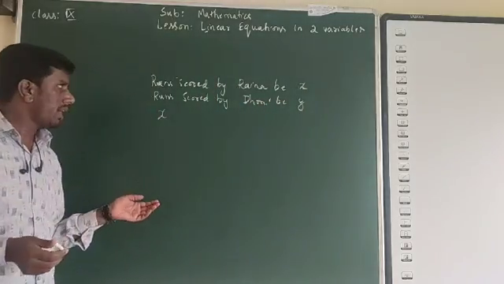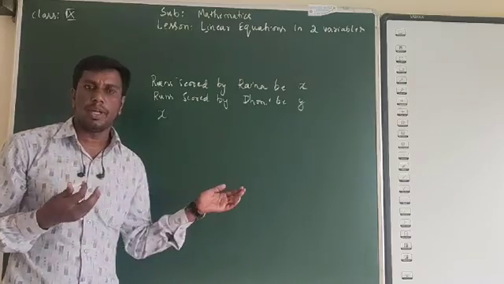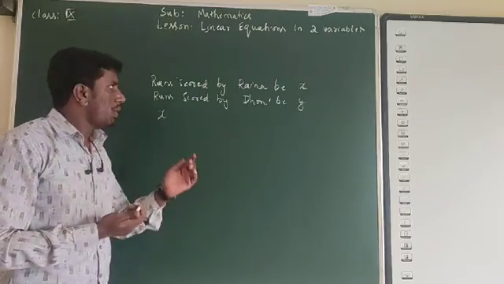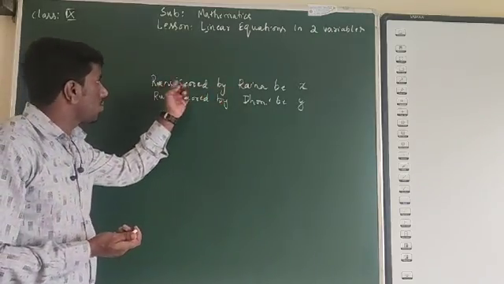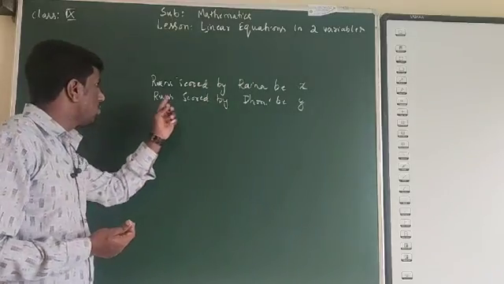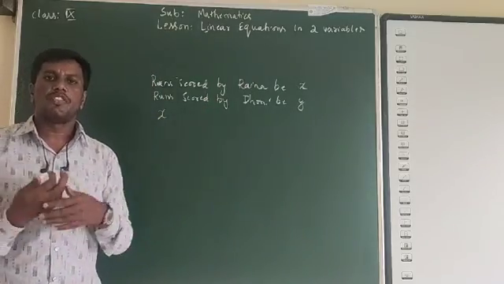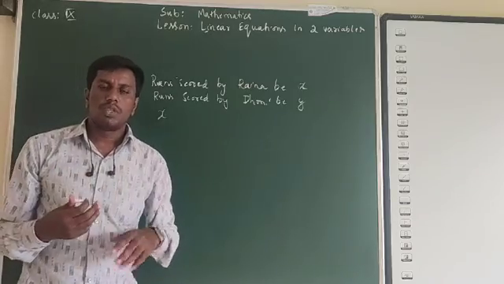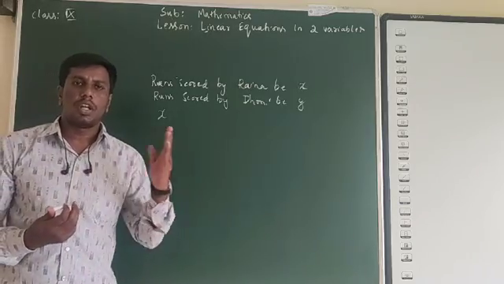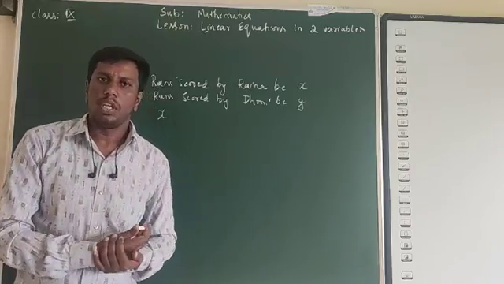Then we know that in a one-day cricket match, the partnership will be 100. We don't know the individual contribution. What is the run scored by Raina? We don't know that. What is the run scored by Dhoni? We don't know that. But their partnership will be 100. So the question is, what is the individual run of Raina and Dhoni?